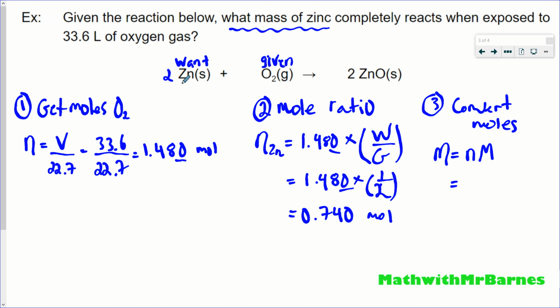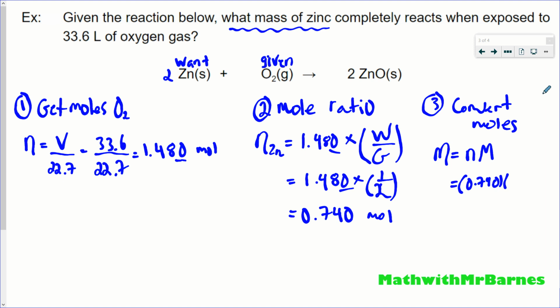When you're finding a molar mass, it's of the chemical formula only. You worry about subscripts, which the zinc doesn't have any. You do not worry about coefficients. The 2 does not count towards the molar mass. So it's just the number of moles. And then we look on the periodic table for the molar mass of zinc.